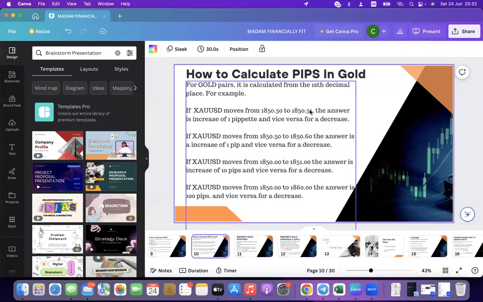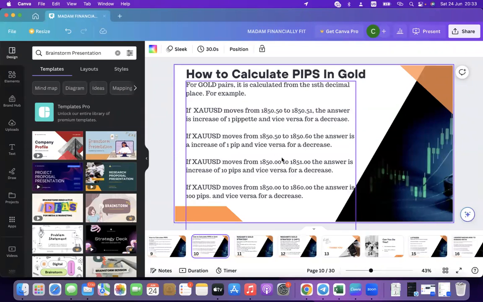Remember, gold is calculated from the first decimal place, so these ones are the pipettes. The first decimal is the first number after the decimal point. If you look closely, you will see that the only difference is that the pipette has changed. So the answer here is 1 pipette. And if it goes vice versa, it's a decrease of 1 pipette.